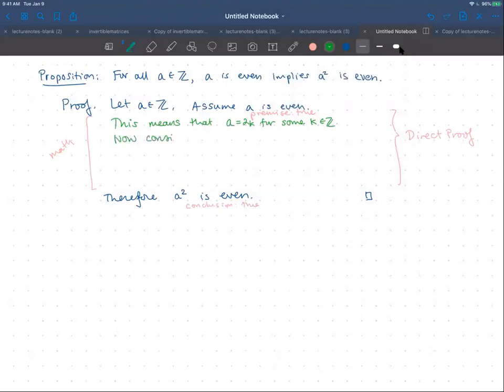Now consider A squared, which is 2k squared, which is 4 times k squared, but I'm going to factor it out and make it look like 2 times 2k squared. And 2 times k squared is an integer, which means that A squared satisfies the definition of even. It looks like 2 times some integer. Therefore, A squared is even. All right, cool. So I even magically left the right number of lines in this proof. I wasn't sure I was going to do that. Okay, so there is an example of a direct proof.